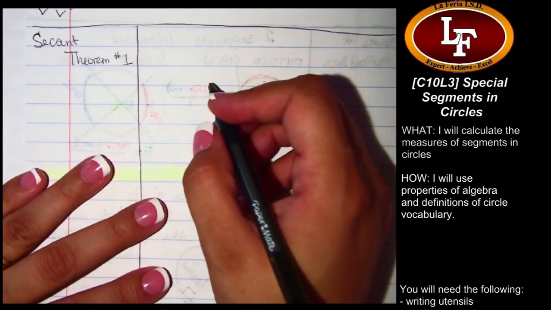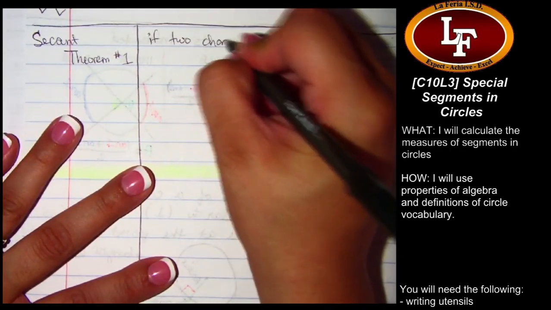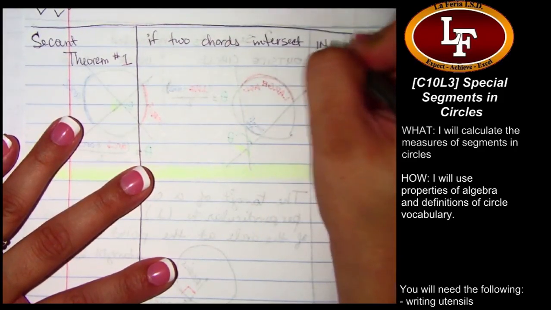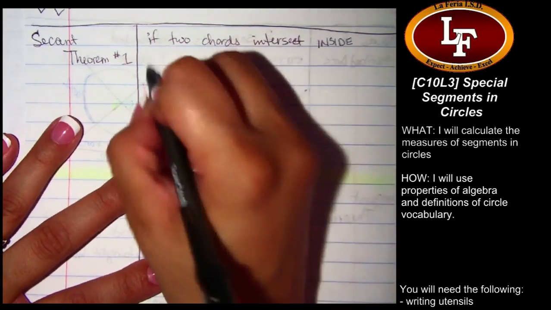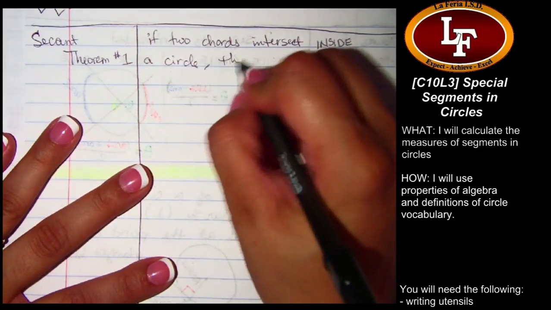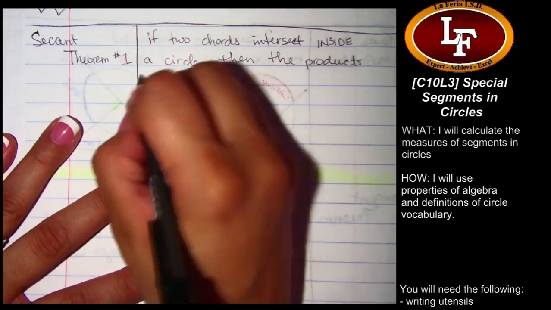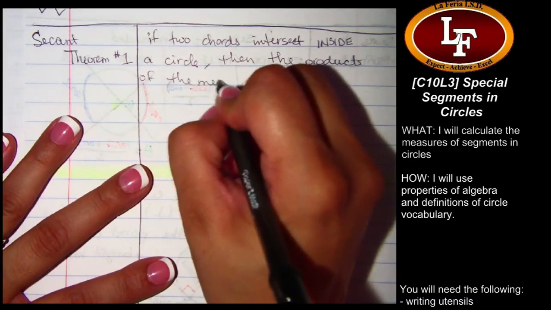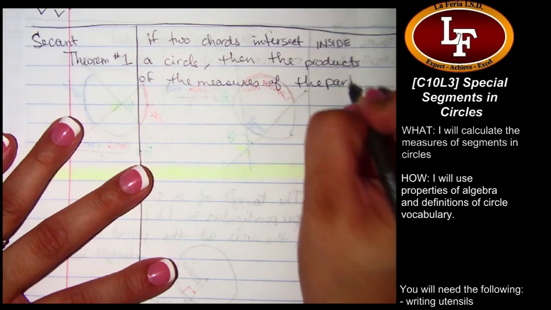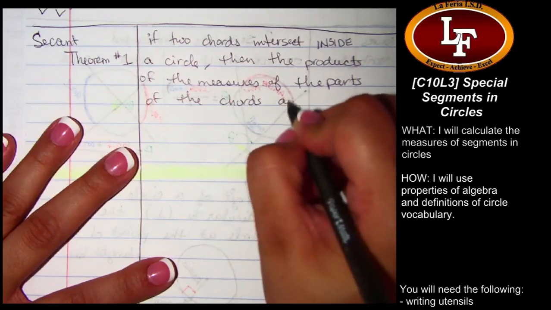Secant theorem number 1 states this: if 2 chords intersect inside a circle, then the products of the measures of the parts of the chords are equal.